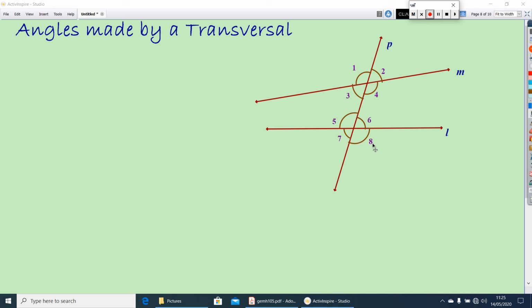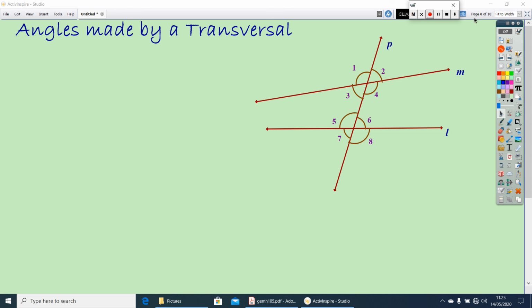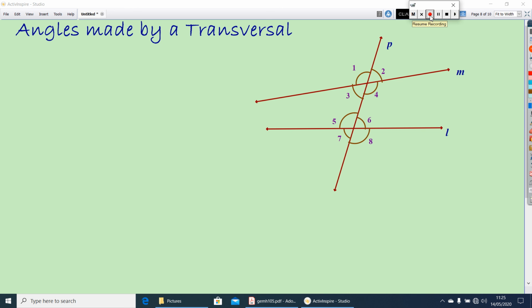Now categorize these angles. What are the angles in the interior of L and M? The interior angles are: 3 is interior, then 4, then 6, then 5. Angles 3, 4, 5, 6, all these angles we can call interior angles.